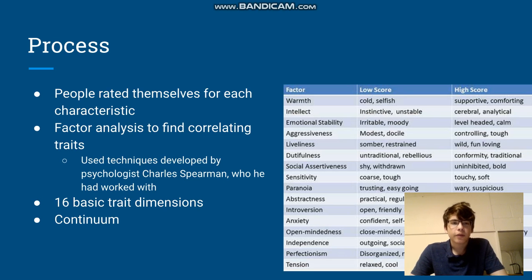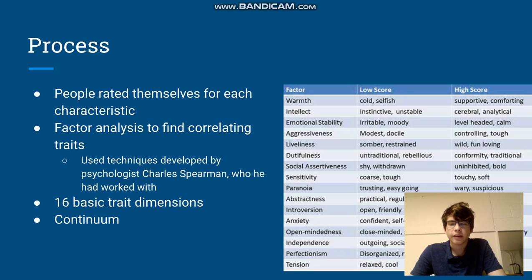He used techniques developed by his fellow psychologist Charles Spearman, who he had worked with before, and factor analysis was a lot more difficult before computers, so this was a pretty huge task. So he eventually brought this down to 16 basic trait dimensions, different factors, and he rated them on a continuum.